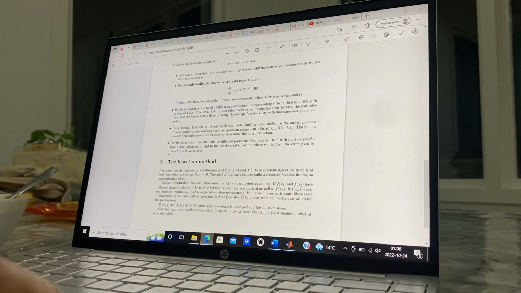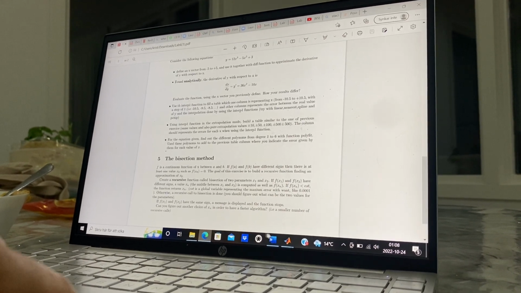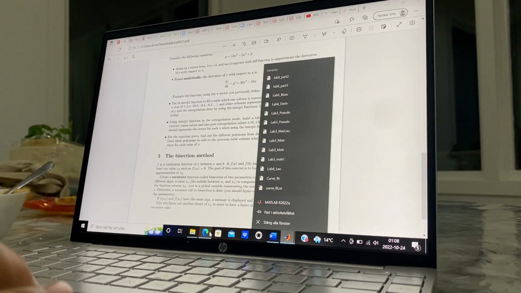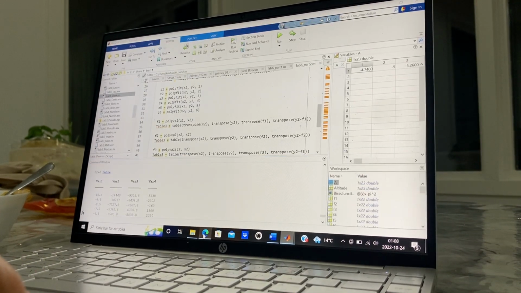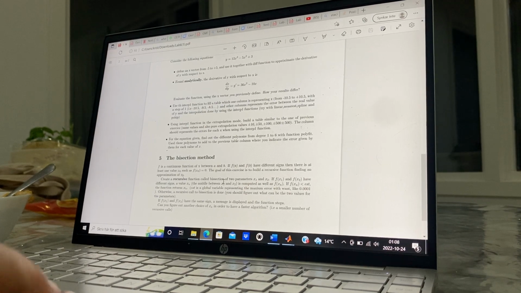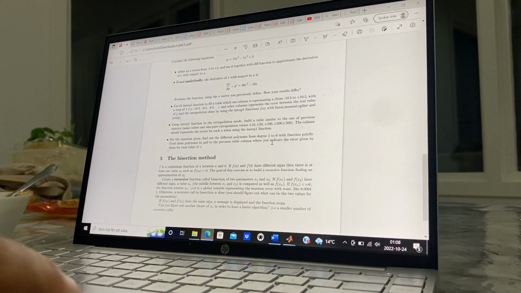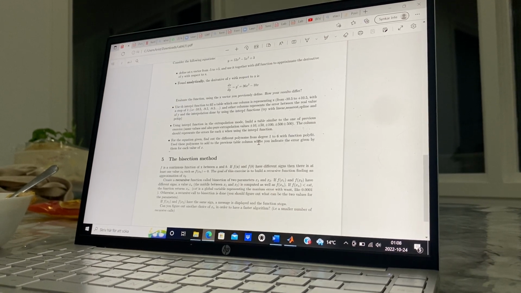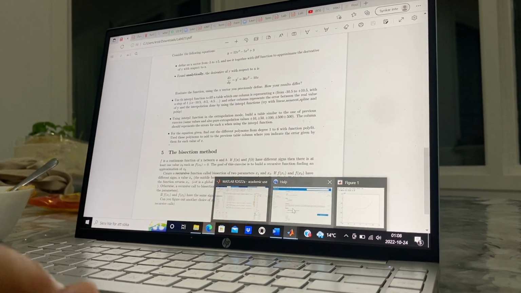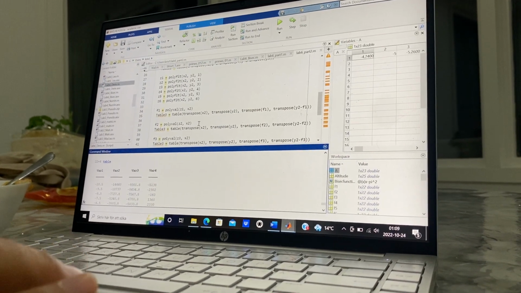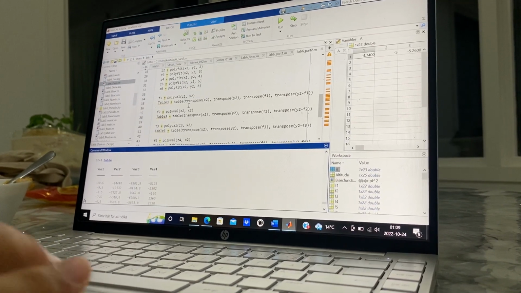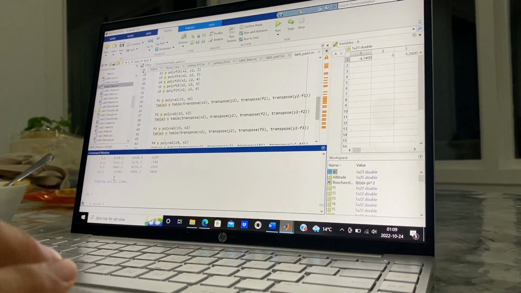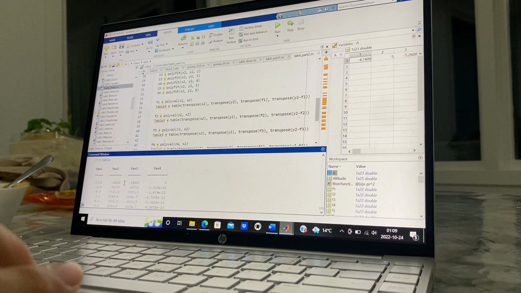F1 gave us the table. F1 is the fitting using the function polyfit. And then I created a table after each F, and as we can see, this is the table for F1. You can display all the 22 rows here.